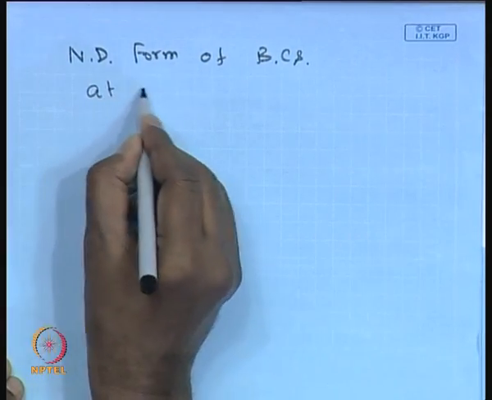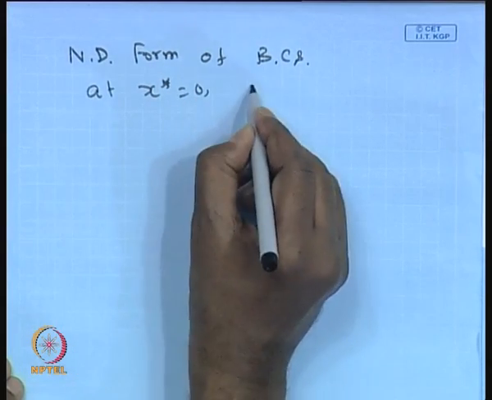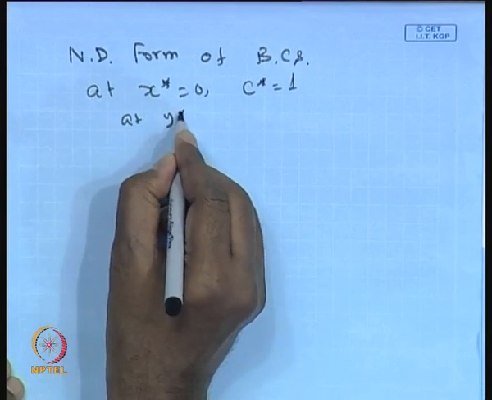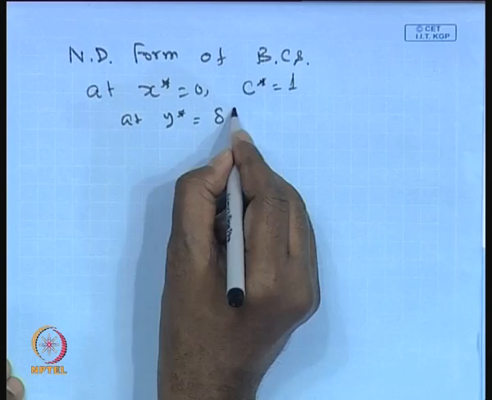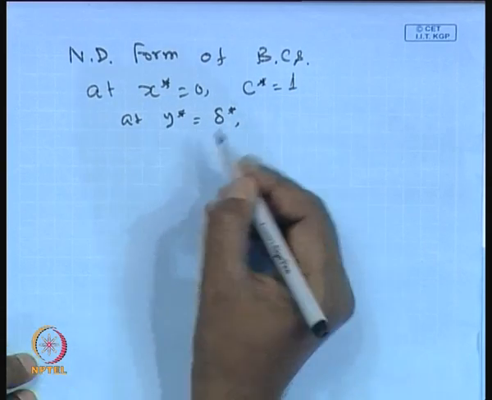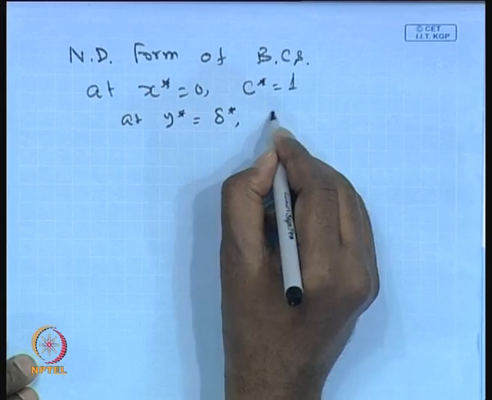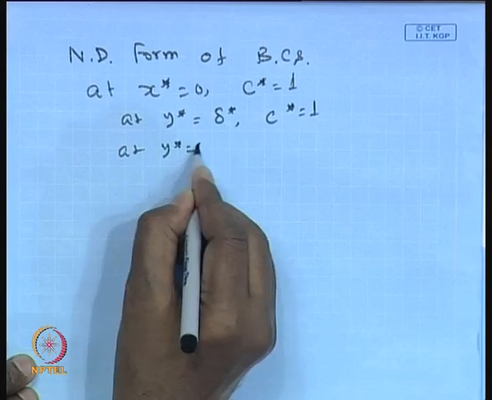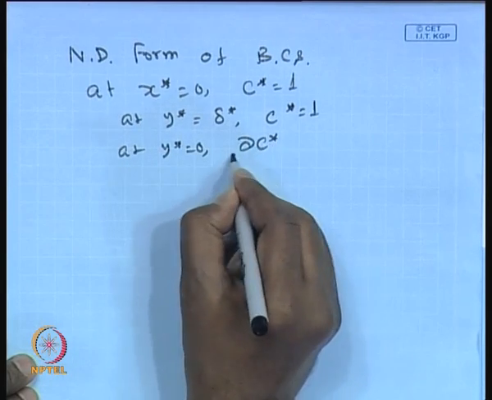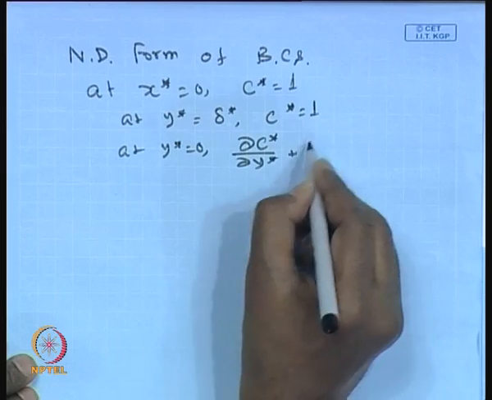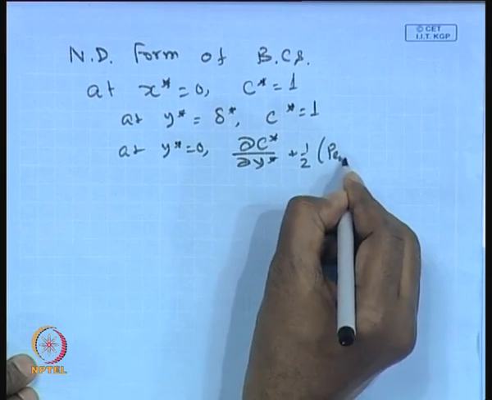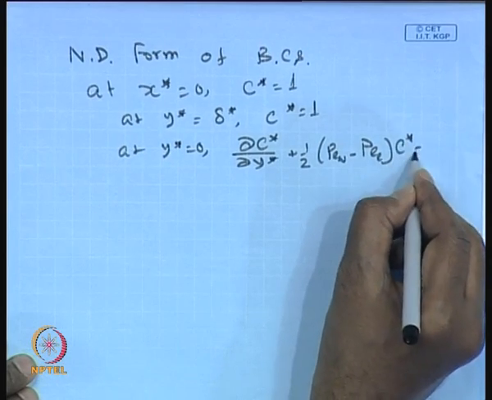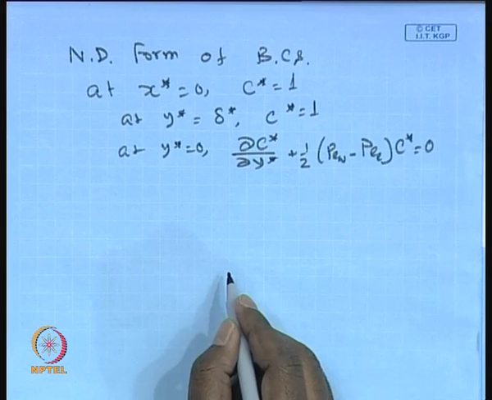These are at x star equal to 0, C star is equal to 1; at y star equal to delta star, at the edge of the boundary layer, that means y by r, delta star is delta by r, C star equal to 1; and at y star equal to 0, you have del C star del y star plus half (P_E^W minus P_E^E) C star is equal to 0.